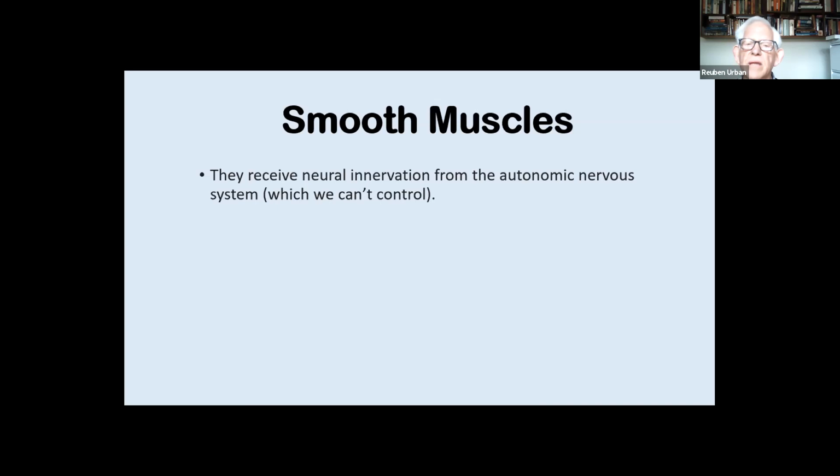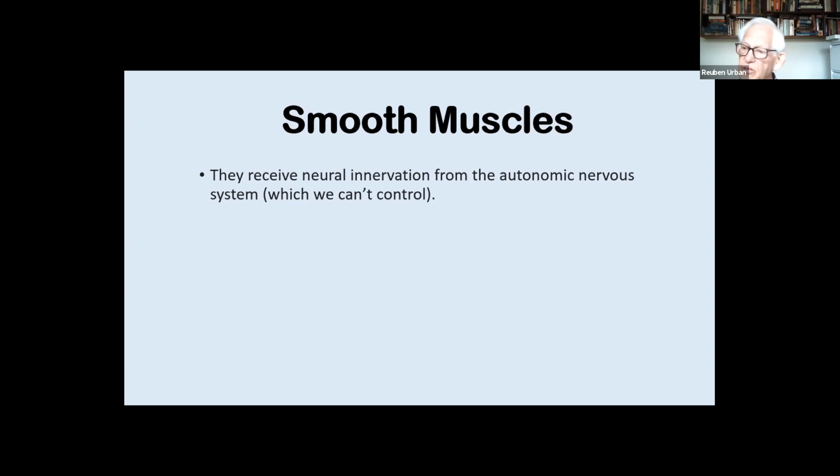Innervation is where the nerve meets, in this case, the muscle. Okay, it's being innervated. Now, the autonomic nervous system, we've got the two sections of it, and that's part of the next talk, so I won't go into detail, but we have no control of it.